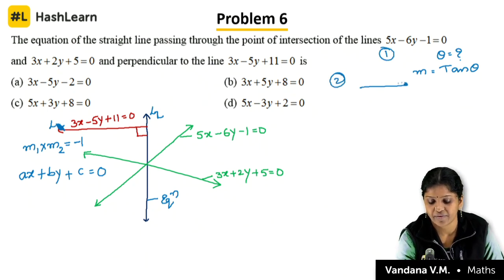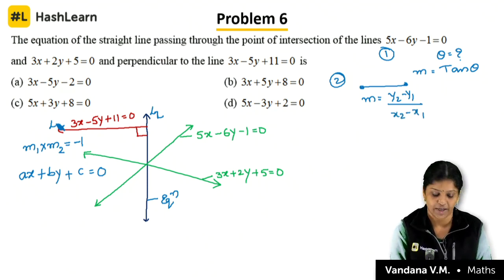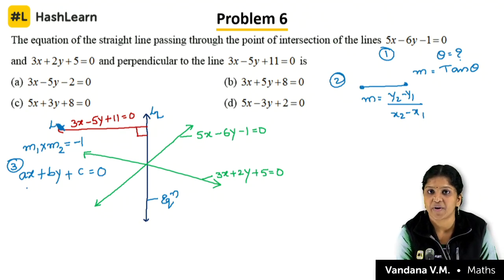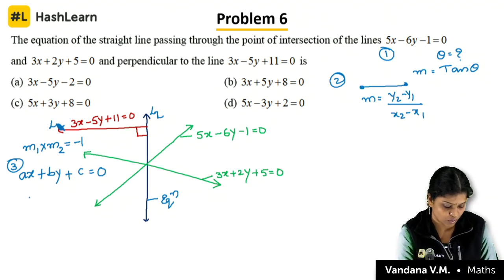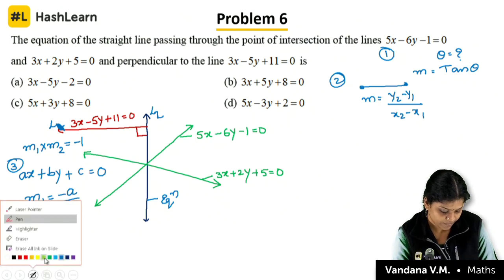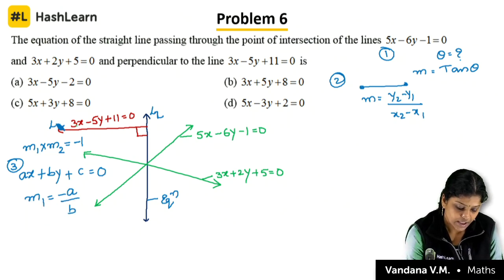The second one is when they give two points it is passing through. How to find the slope? M is equal to y2 minus y1 by x2 minus x1. It is based on the given data. The third one is whenever you have the form Ax plus By plus C is equal to 0, the slope M1 is equal to minus A by B. Now, children, tell me, compare this with Ax plus By plus C is equal to 0.